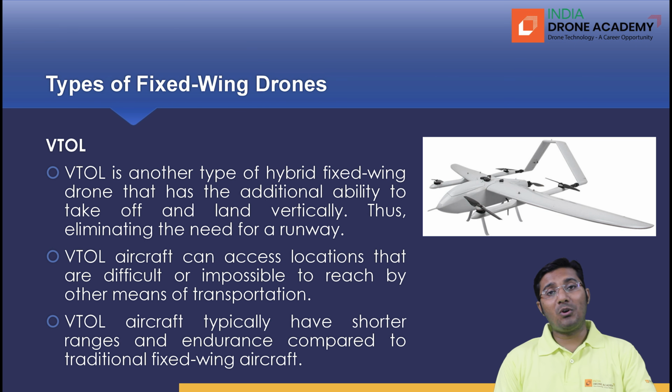It has speed because it flies like a fixed wing, and it can take off and land from areas where a conventional fixed wing aircraft could not land. So this VTOL can land like a rotorcraft, like a helicopter.